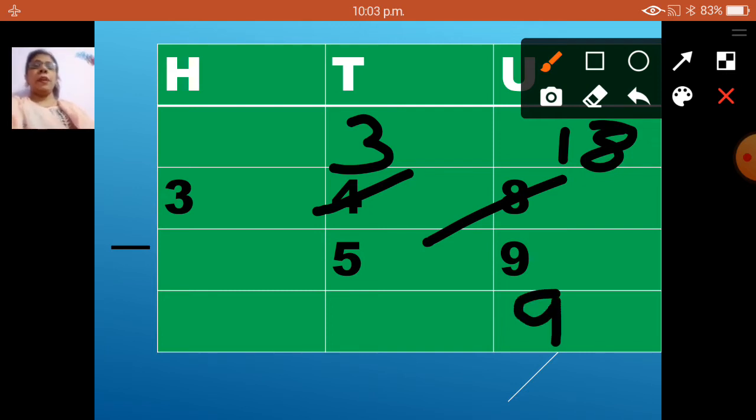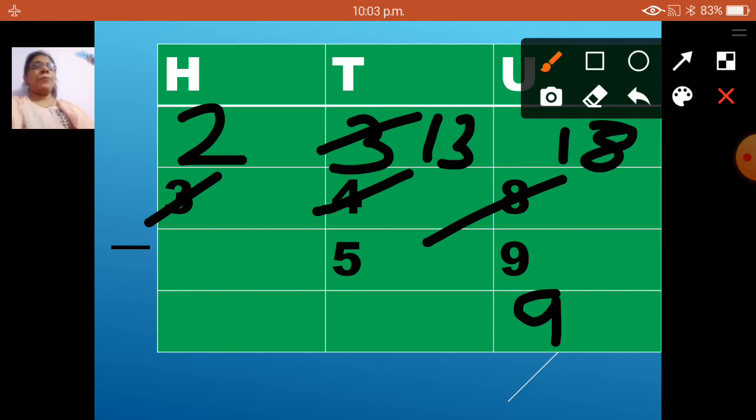Now 3 minus 5. It is not possible because 3 is a smaller number and 5 is a bigger number. So we will cut this 3 and we will make it as 13. From where I got this one? I borrowed from the 3 which is in hundreds place. So this 3 will become now 2. So 13 minus 5.